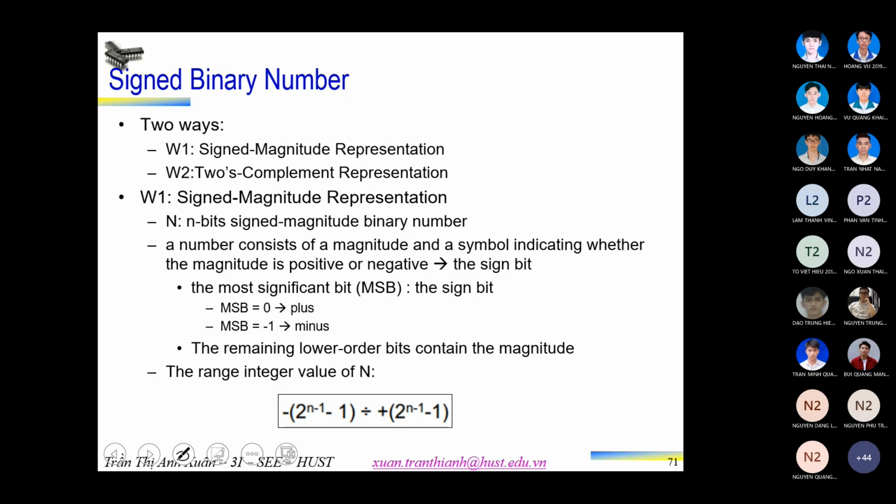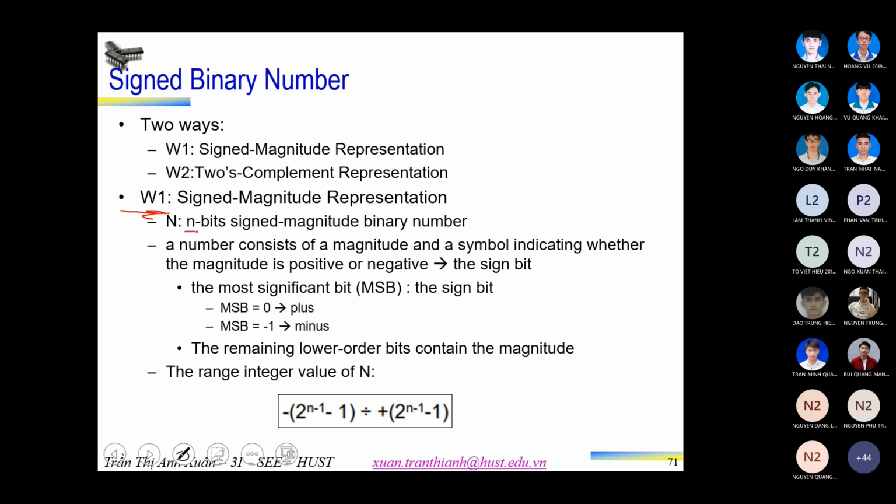With the first way, we have an L-bit sign-magnitude binary number.